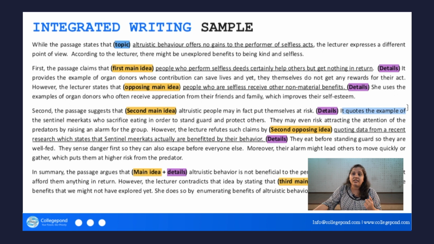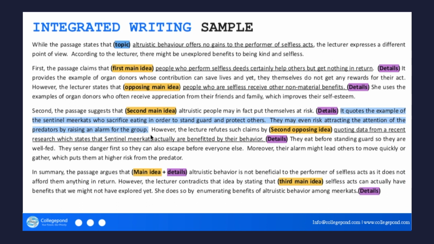They even risk attracting the attention. So we have clubbed all the details of that particular part in one or 2 sentences here in the details. So remember, details can be 1 or 2 sentences, or at the max around 3 sentences, never more than that.